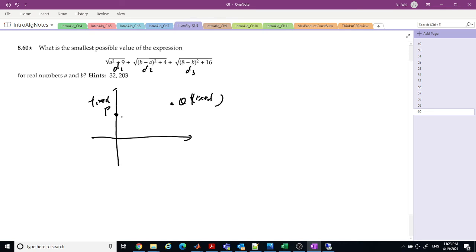And we try to find some middle points to connect them, right? Or we try to find 2 points. This is the first segment, D1, D2, D3, and we want D1 plus D2 plus D3 to be the smallest, right?